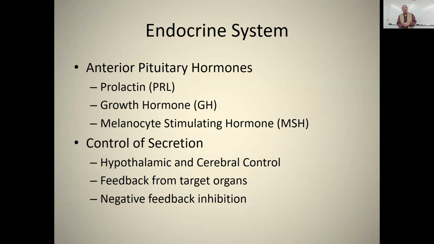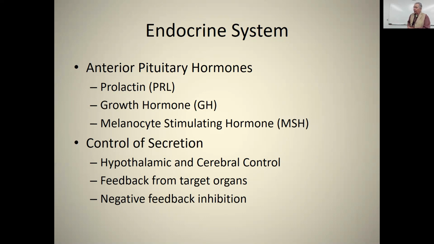Okay, feedback from target organs. Sometimes, like in the gonadal axis, we'll get a hormone called inhibin that's sent out that will inhibit the secretion of FSH to turn down testosterone. So target organs sometimes send out hormones to affect secretion or stop secretion.